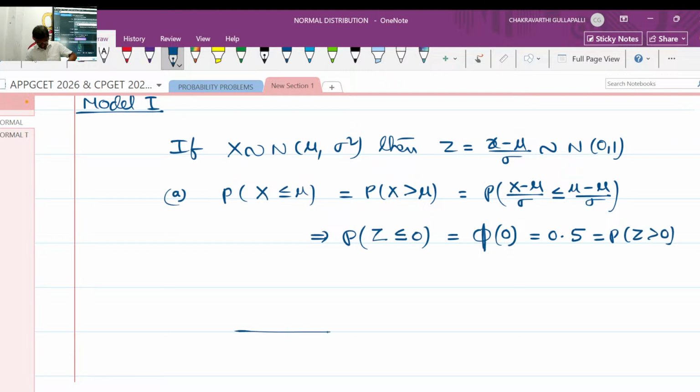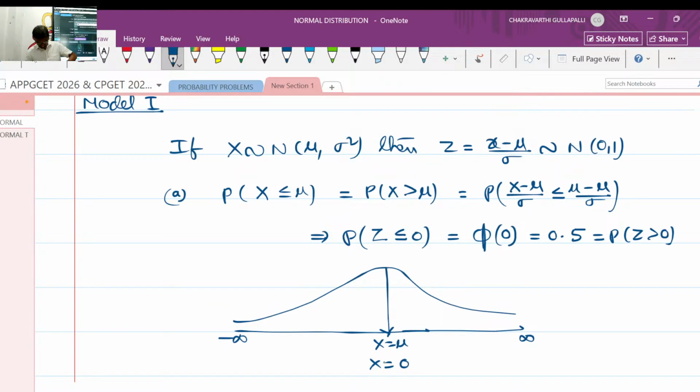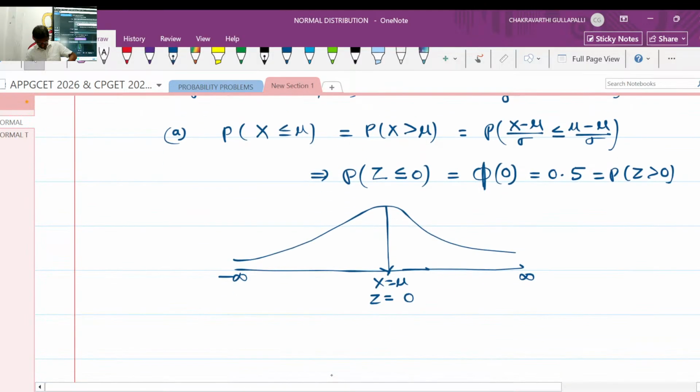Diagrammatically, here X is equal to mu, ranging from minus infinity to plus infinity, and here Z is equal to 0 based on the formula X minus mu by sigma.